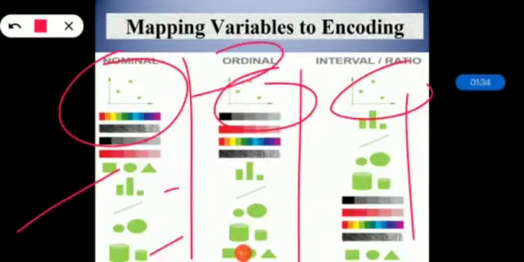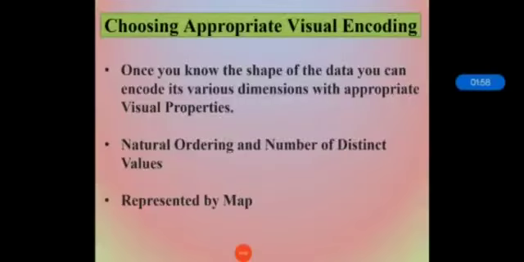So light and dark tones are used for that, because we are emphasizing the data's importance by the shading. Then for interval and ratio, we are looking at numerical values. The best way to measure the values is through position or length. So this is mapping variables to encoding.